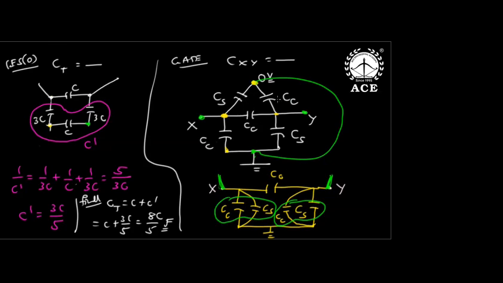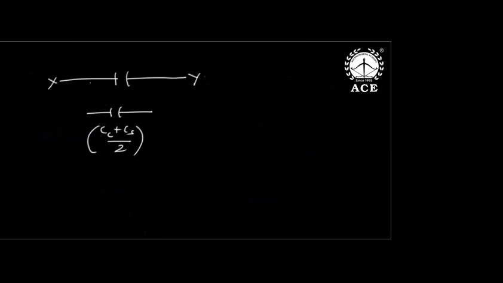So this is CS and this is CC. Now these two are parallel. So now CC plus CS is in series with CC plus CS, which becomes (CC plus CS) by 2. And here already this is X and Y. This is CC.